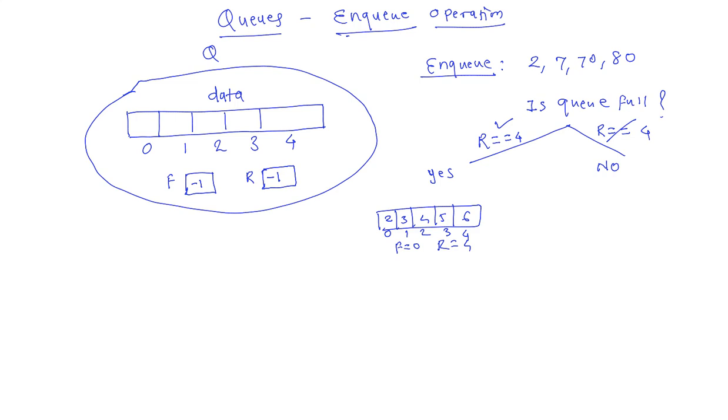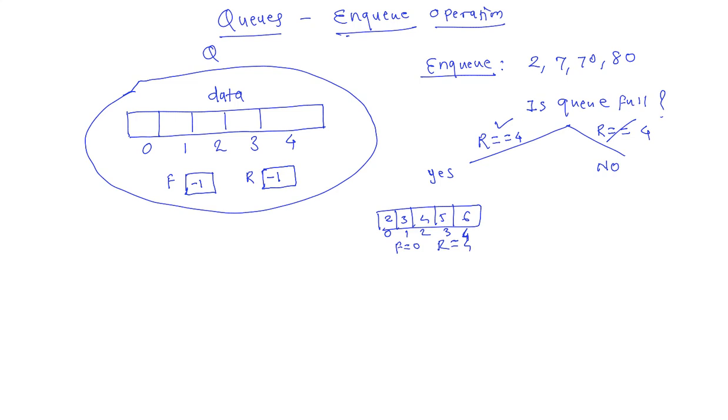Rear is not actually a pointer. R is a variable which is storing the index of this array. So rear is 4, that means the queue is full.